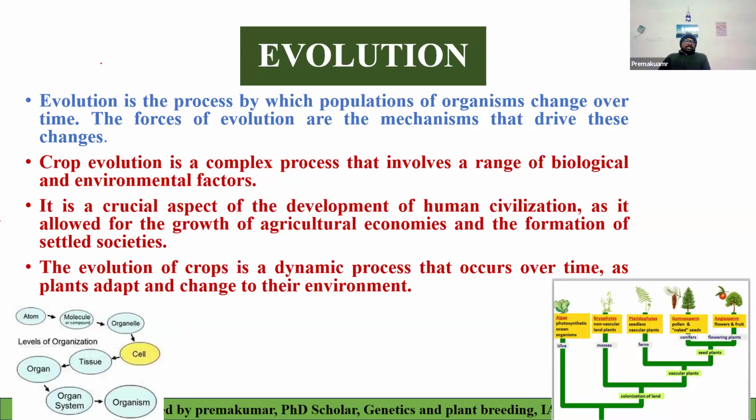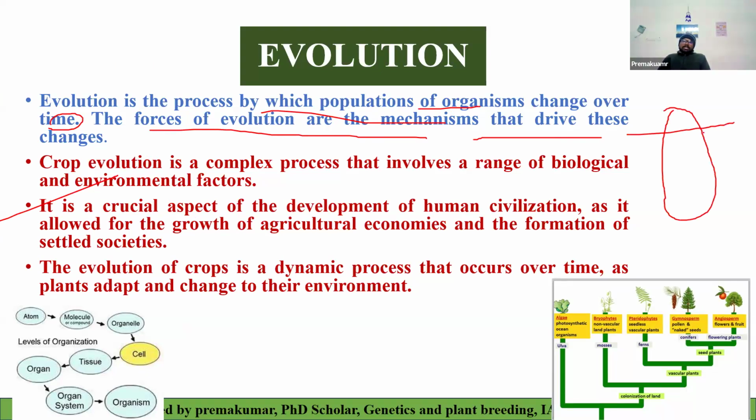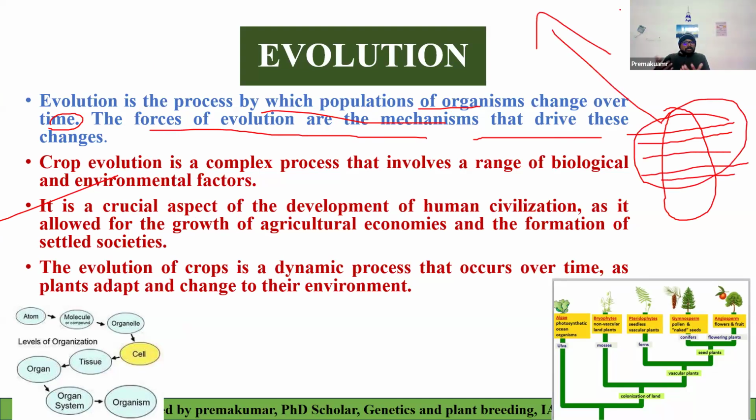What is evolution? As we have defined, evolution is the process by which the population of organisms changes over time. The forces of evolution are the mechanisms that drive changes. What forces can you expect in population genetics? Selection, migration, genetic drift, mutation, all these are the drivers of evolution. What will they make in the population?